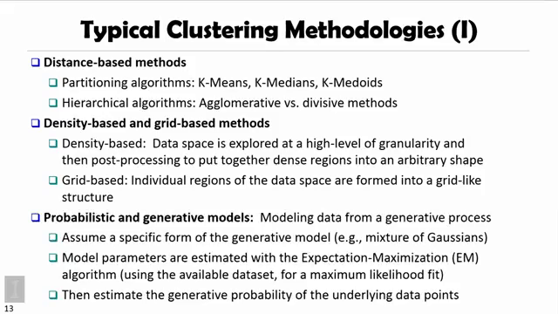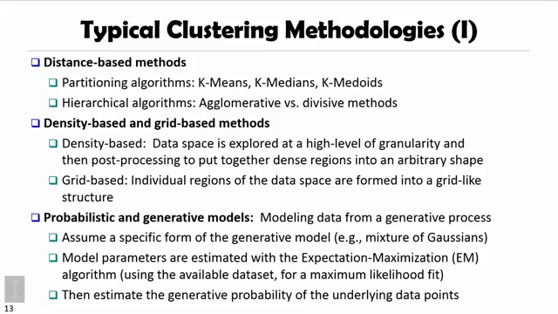Then the third methodology is called probabilistic and generative models. That means we can model data from a generative process. We can assume underneath there's a certain distribution, for example, a mixture of Gaussians. Then with the data, we can think the current points are generated from these underlying generative mechanisms.